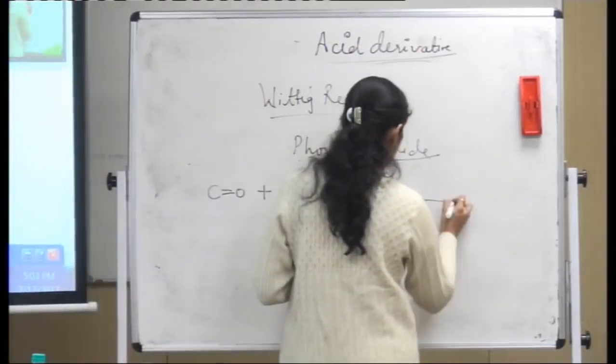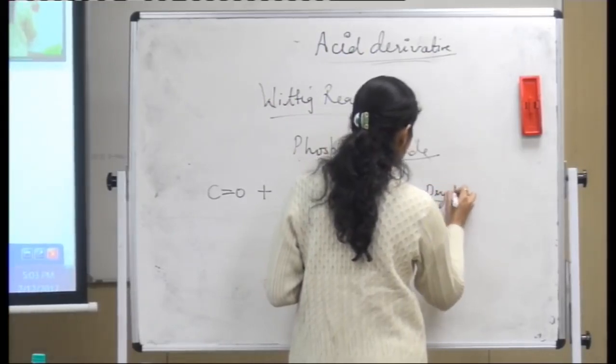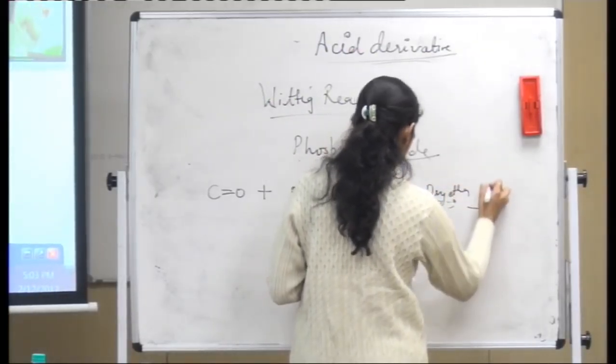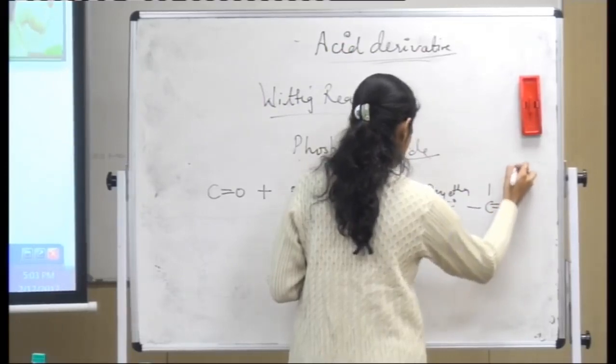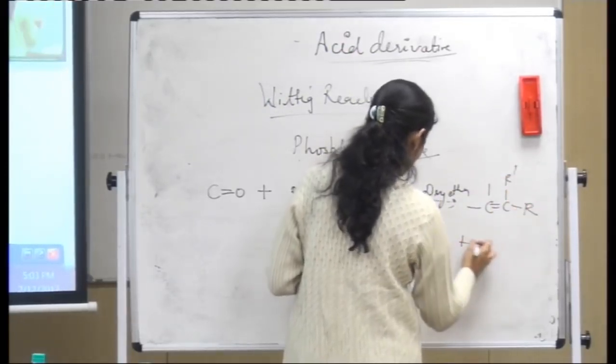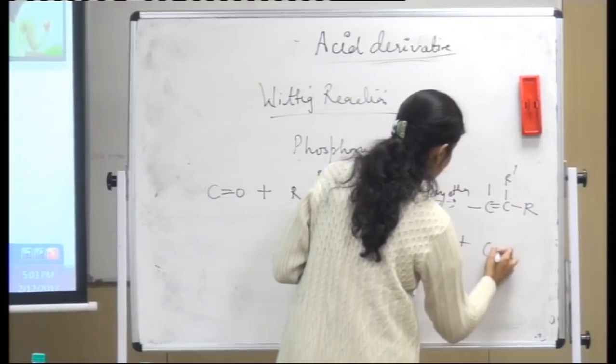Then in presence of dry ether, it will result in the formation of a substituted alkene and a phosphine oxide.